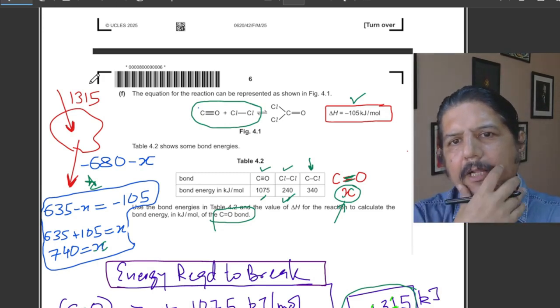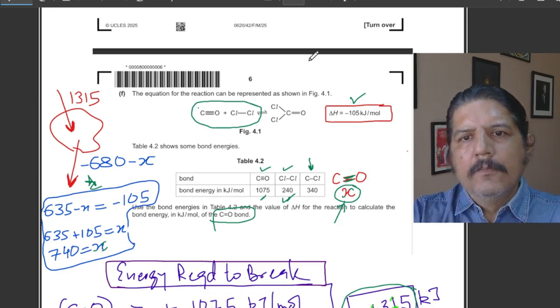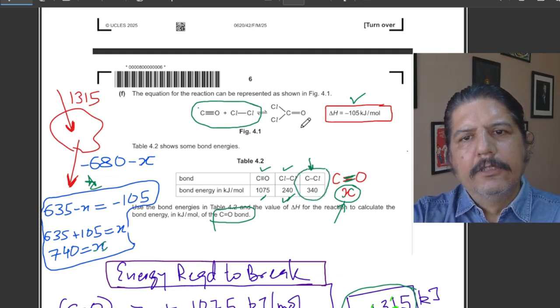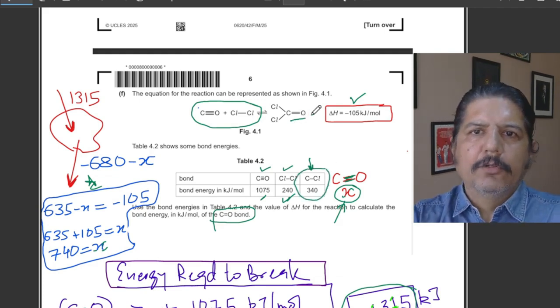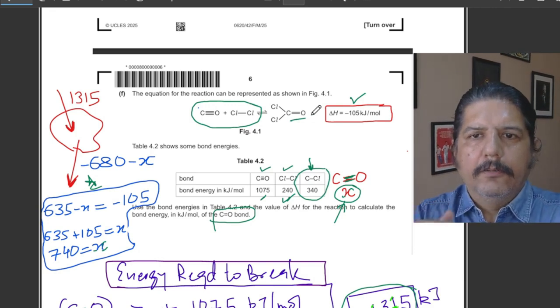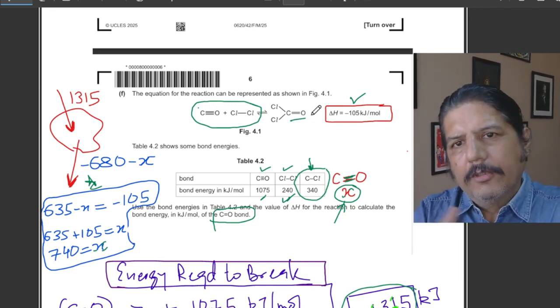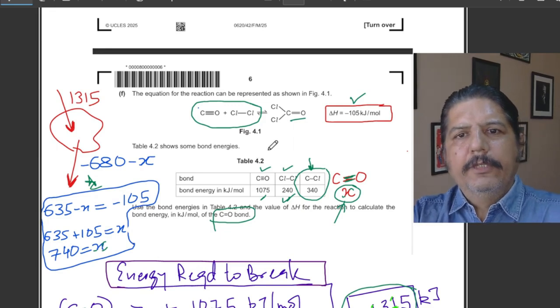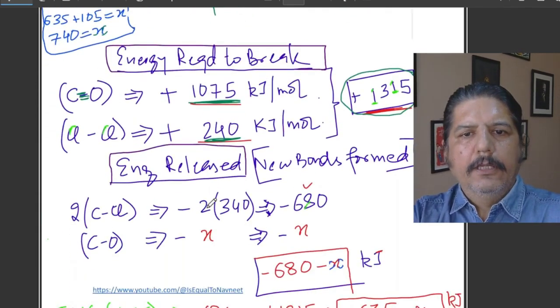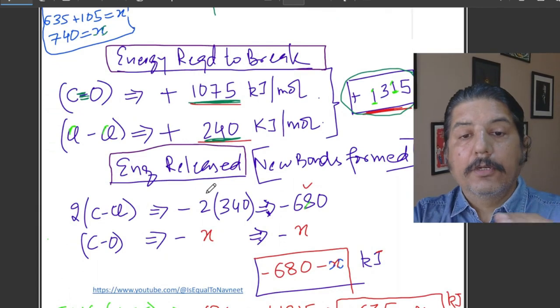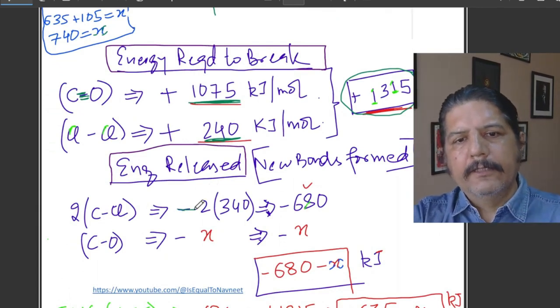Now when I look at the right hand side, I have the bond energies for C-Cl, but I don't have the bond energy for C double bond O, so I assume it to be X. Because bonds are being formed, this is the energy which is released.